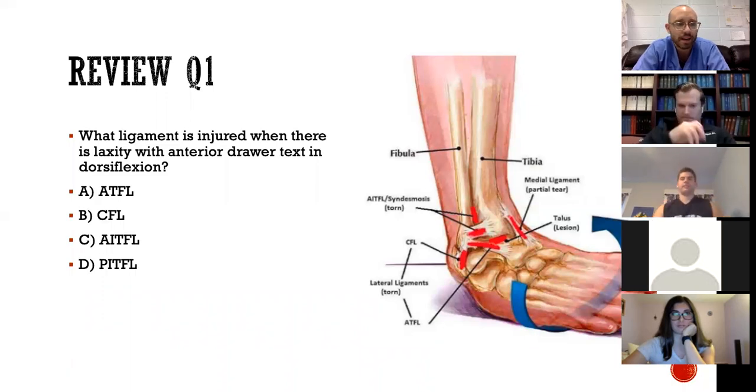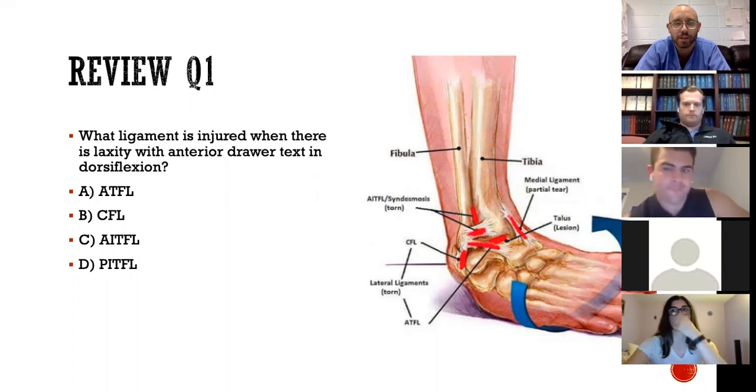And so A is the anterior talofibular ligament. B is calcaneofibular ligament. C is anterior inferior tibiofibular ligament.